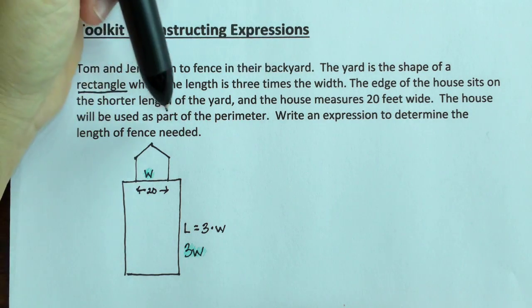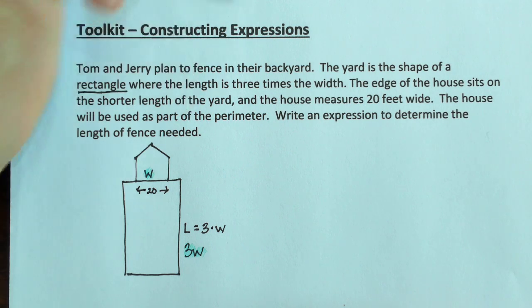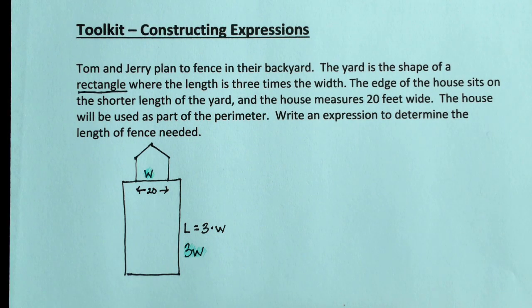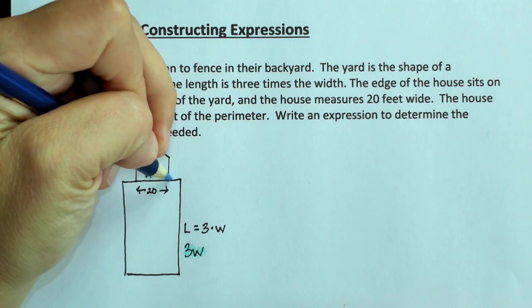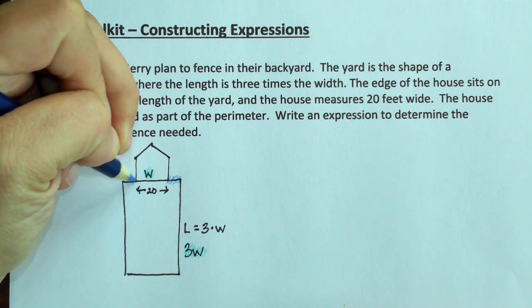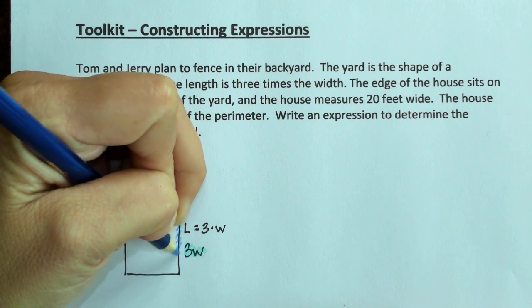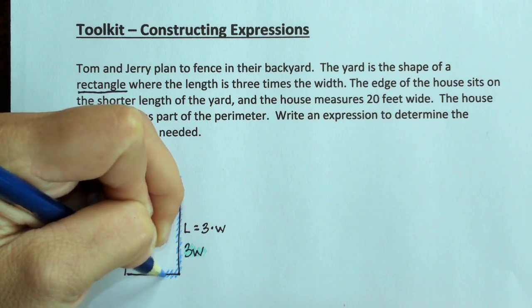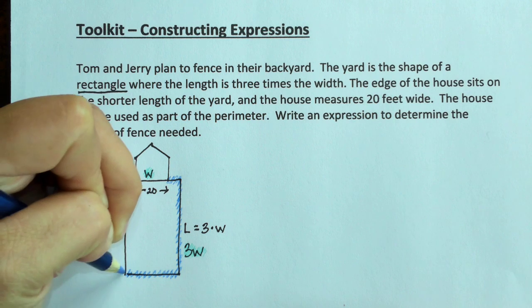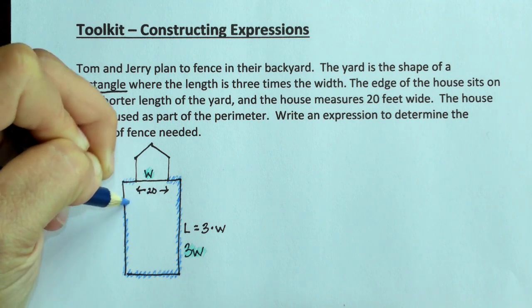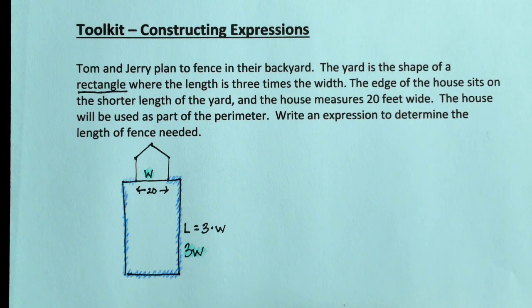And so we need to write an expression to figure out what the fencing is that's needed. So if I were to go in and draw this, my fencing comes here, it comes down here, here, and coming up here. Okay? And so we were thinking about how can I represent this?